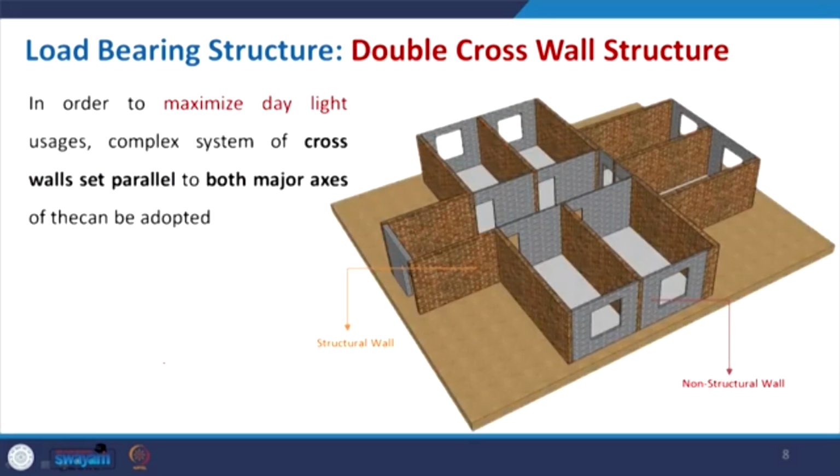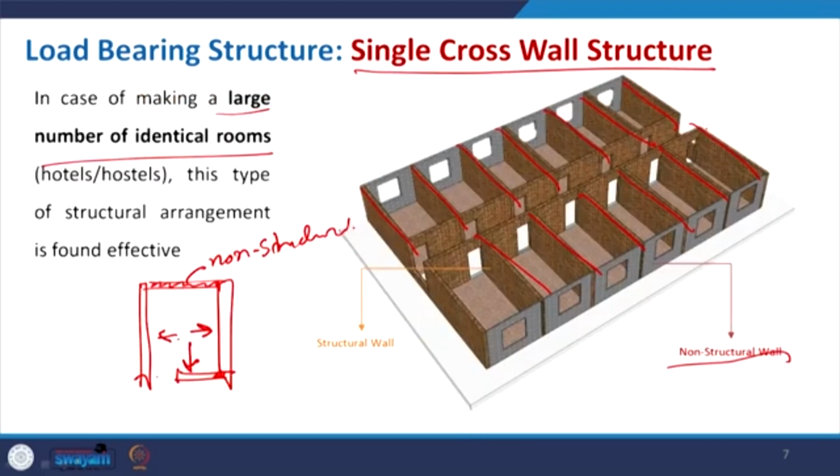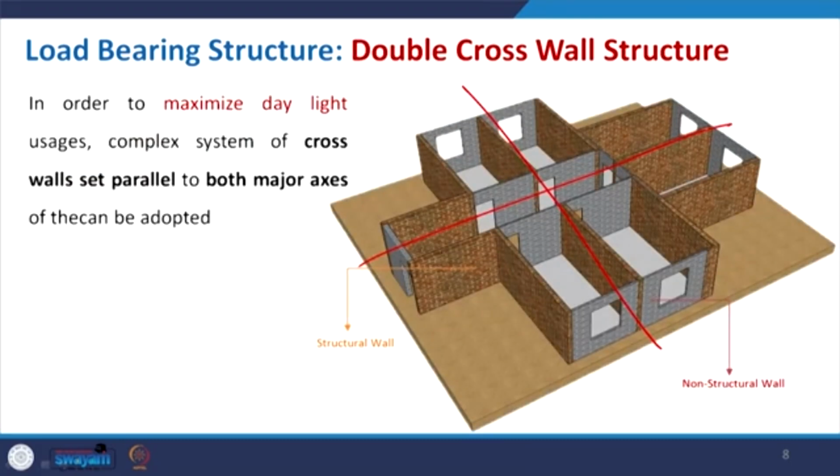Now, in addition to that, sometimes not only in a single direction, a single axis, will we have the parallel load bearing walls, but it may be along both the axes, x and y. So, here it is the same. If you compare with the previous image, this hostel one and this one, here in this axis we have some load bearing structural walls, and along with that we also have them in the other, perpendicular direction.